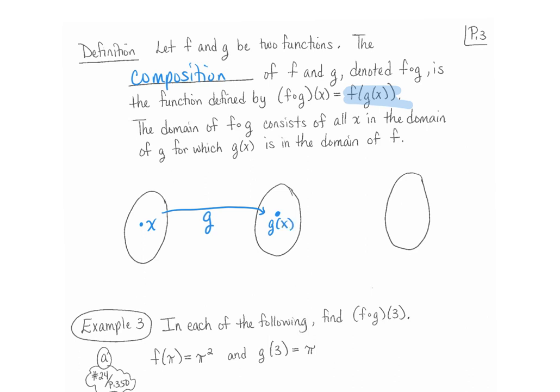And then using f, the element g of x would go to f of g of x. And so whenever we look at this overall, from there to there, that's called f composed with g. And the black one was f.